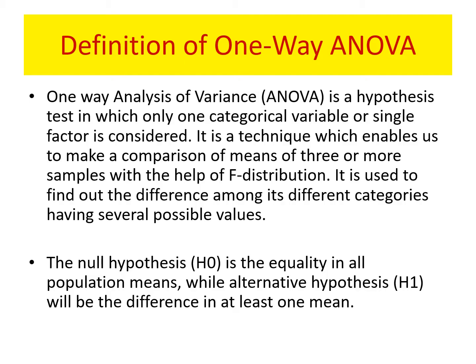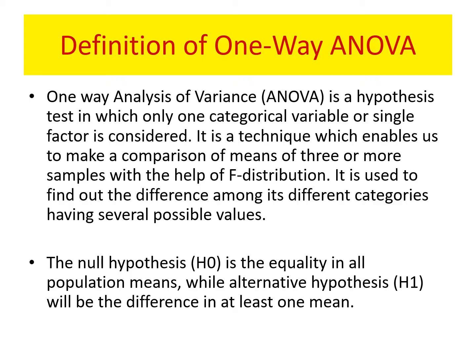This is used to find out the difference among its different categories having several possible values. So your null hypothesis here is the equality of all population means, while the alternative hypothesis will be a difference in at least one mean. So you test the hypothesis, and if it is found significant, you need to come up with post hoc analysis.